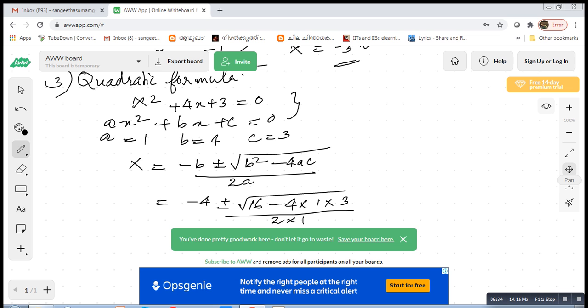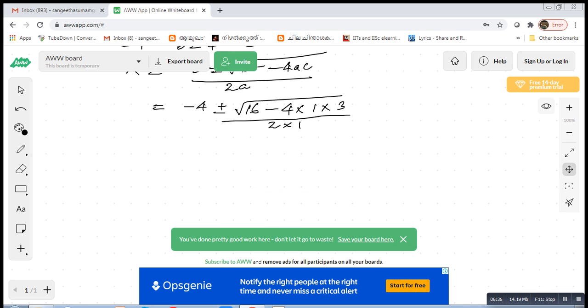Need to simplify this now. Minus 4 plus or minus the square root of 16 minus 12, divided by 2. Minus 4 plus or minus square root of 4 divided by 2.